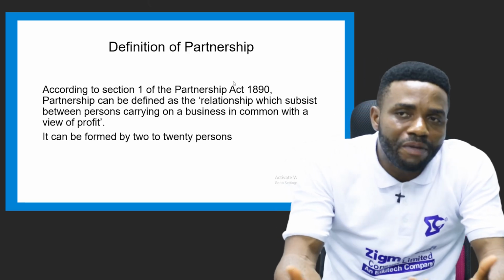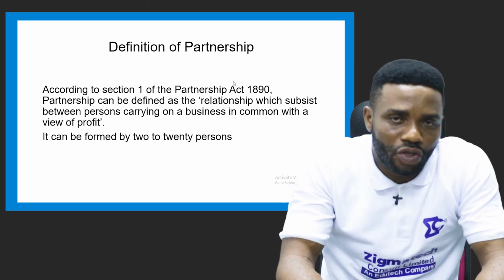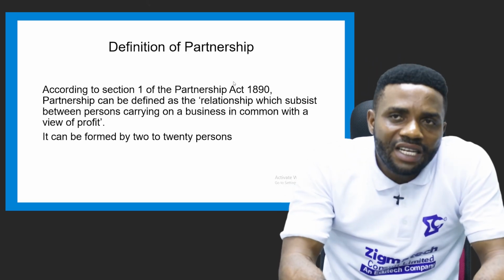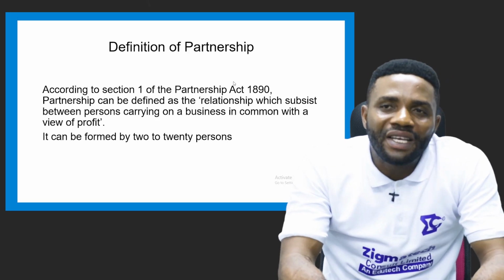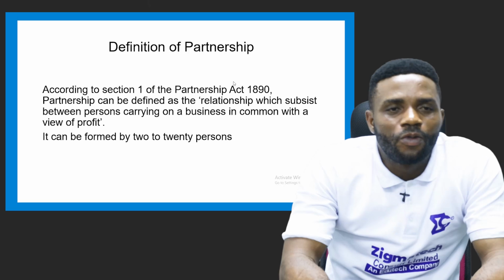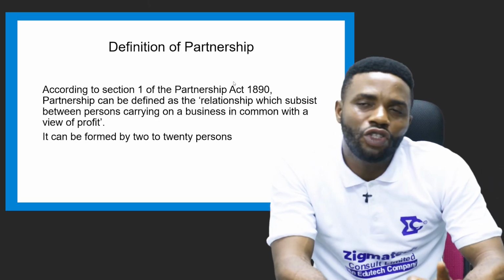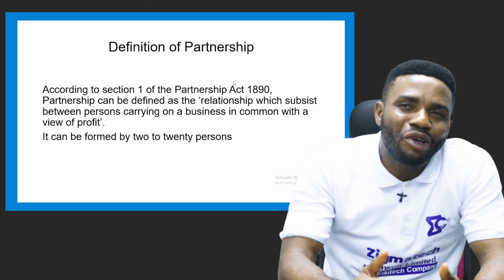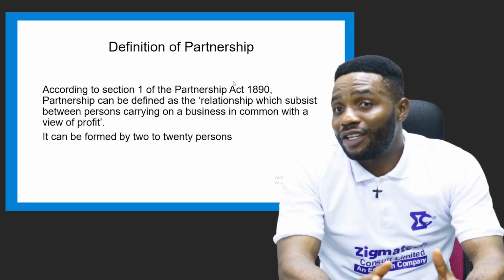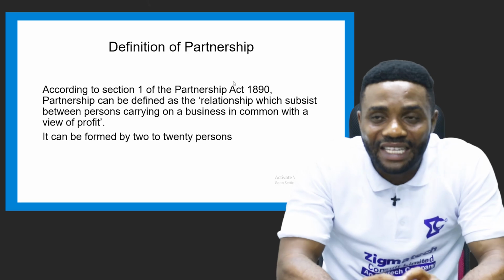Different things can bring people together to form a relationship. But there is need for students to differentiate a business relationship from an ordinary relationship. And not just any business relationship, but a business relationship that can be called partnership. And that's what we want to explain in this definition.